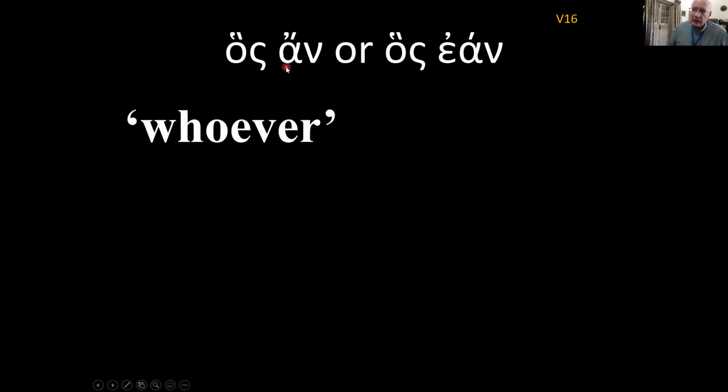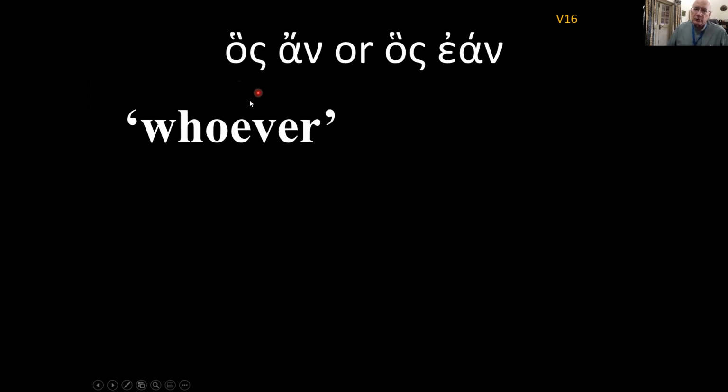Notice hos and an. An is a typical particle that's added in the subjunctive mood and tells us that a verb is coming in the subjunctive. An added to hos, it becomes whoever. And then we will have a verb in the subjunctive.